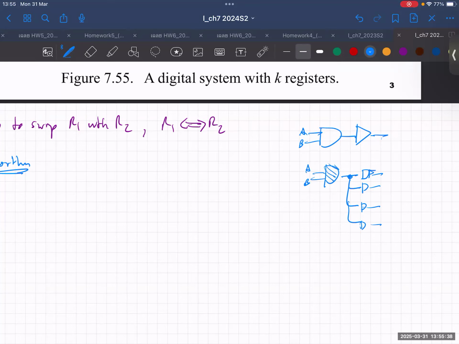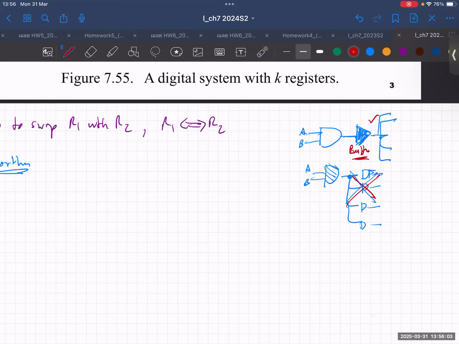So we can boost it by using what we call the buffer. This buffer can, of course, increase the fan out and drive more gates.